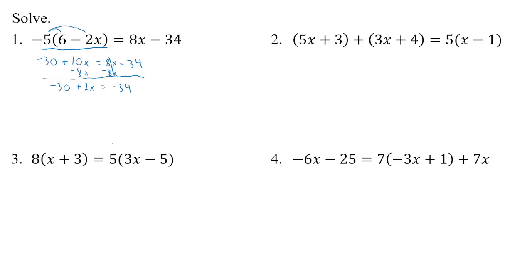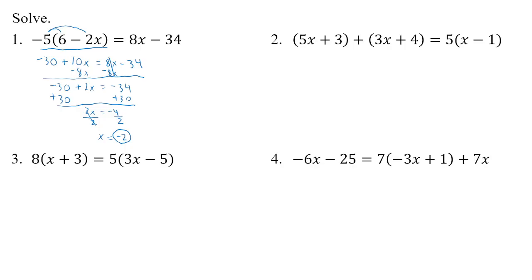So now we got negative 30, which is the same as minus 30. Therefore, we do the opposite operation, which is addition. We add 30 to this side, and we add 30 to this side. So we have 2x equal negative 4. We divide this side by 2, and we divide this side by 2. Therefore, x equal negative 2. So the solution is negative 2.